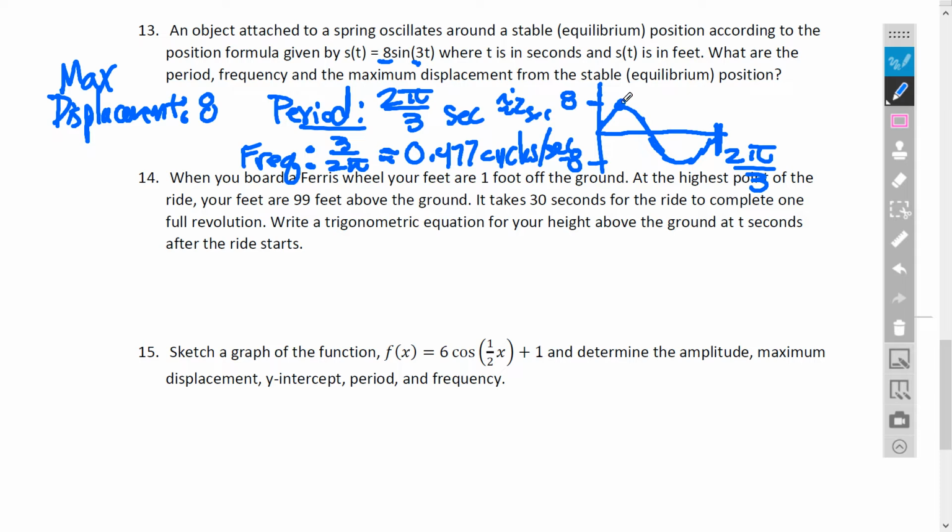So it makes one whole oscillation in 2 seconds, which means that it's making half of a cycle in 1 second. Yeah, okay, that makes sense. So in 2 seconds, it would make a full cycle. A little bit more than 2 seconds, it'll make a full cycle.